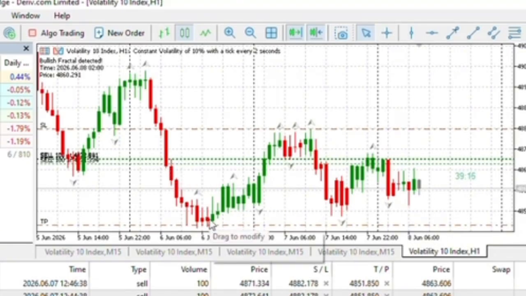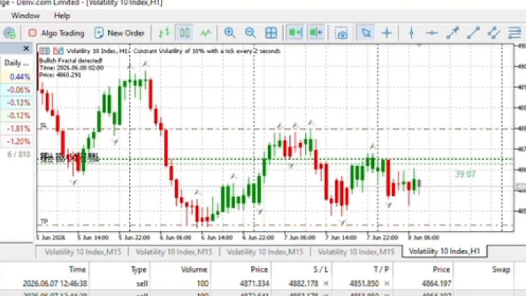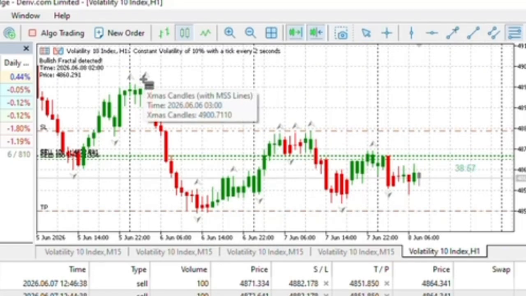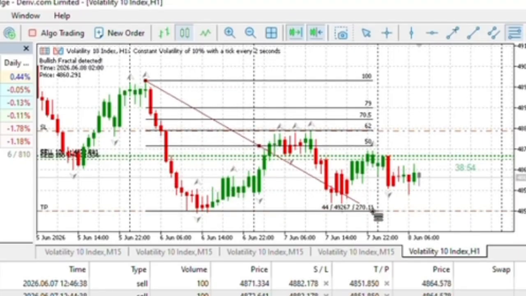So I waited for it until I got this first green Xmas candle. And once I did that, I also got my fractal, right, to give me a swing low. I took my Fibo and I drew it from my swing high to my swing low.